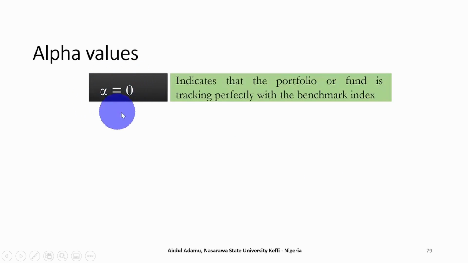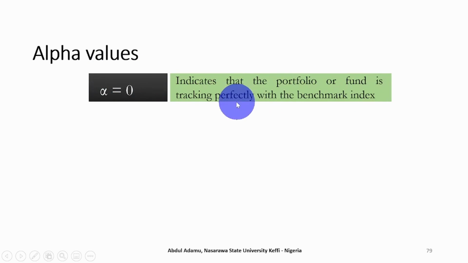If alpha value is equal to 0, it indicates that the portfolio or fund is tracking the benchmark index perfectly. So let's say an equity mutual fund that is tracking the S&P 500 and its return is equal to the return of the S&P 500 index, the alpha value will be equal to 0.